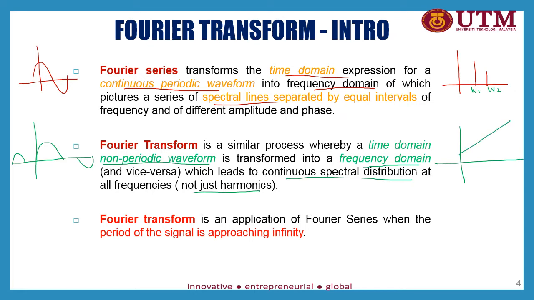Okay, it's continuous lines, covers all frequencies, so all frequency omega 1, omega 2, omega 3 up to infinity. Okay, because you can't even see every single harmonic as compared to the Fourier series. Okay, so Fourier transform is an application of Fourier series when the period of the signal is approaching infinity.